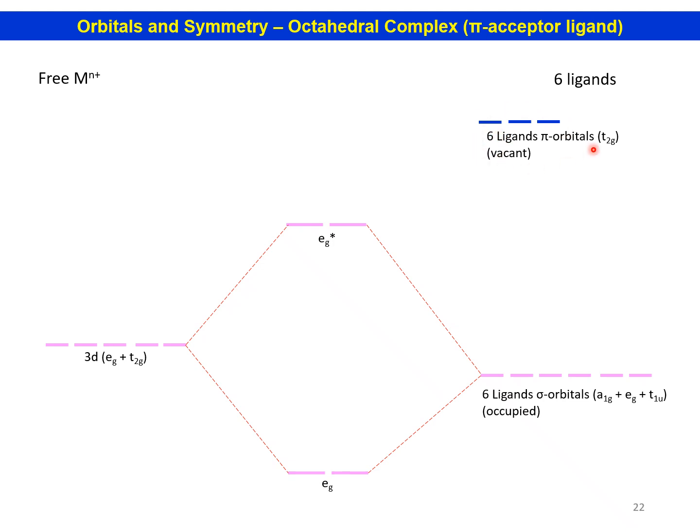And where is the pi orbital placed in the ligand? The pi orbital is placed way above the eg star level. And that will actually separate t2g bonding and t2g star. So the molecular orbital diagram for a pi-acceptor ligand puts t2g star way above eg star.